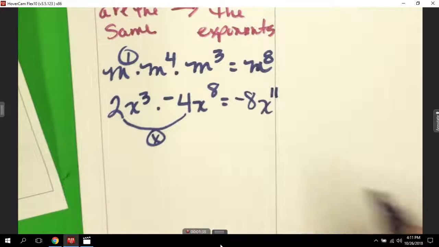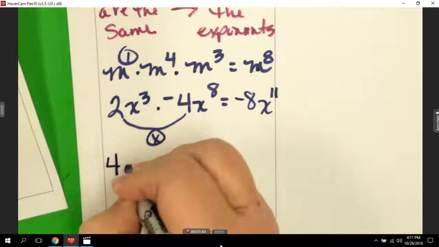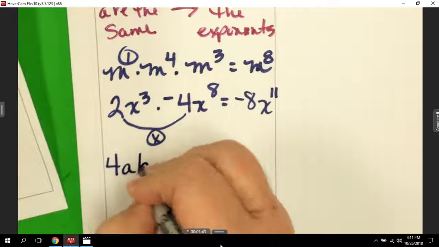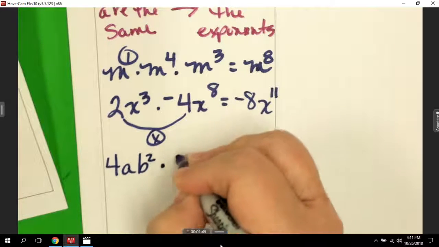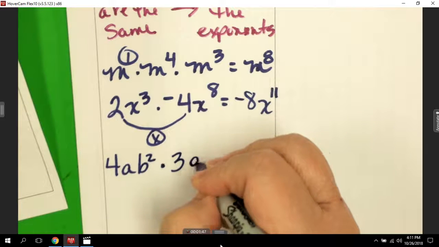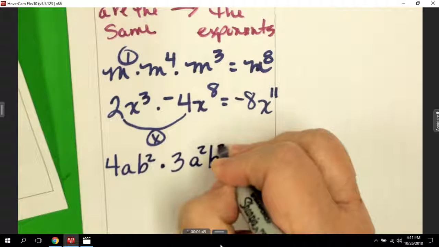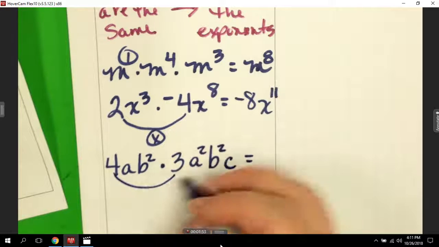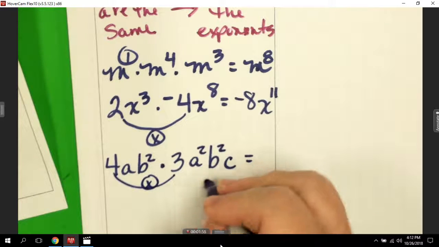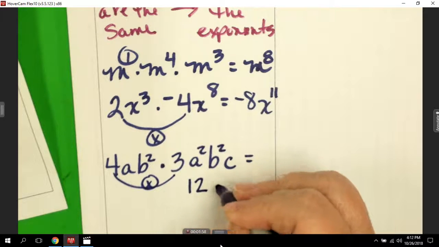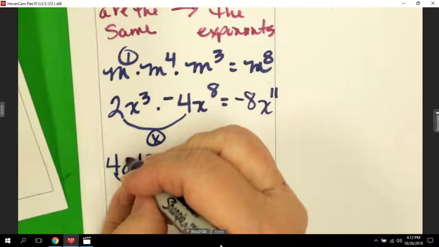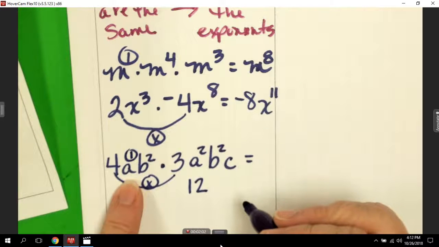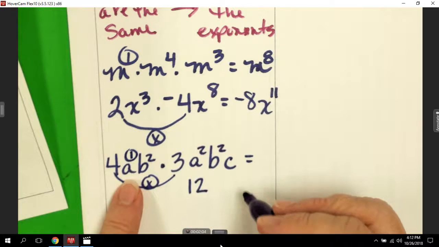Next, if we had the problem 4a b to the second times 3a to the second power b to the second power c, again 4 and 3 don't match, so we're going to multiply, and that's going to give us 12. A to the first, remember, even though it doesn't have an exponent written, it's understood to be a to the first.